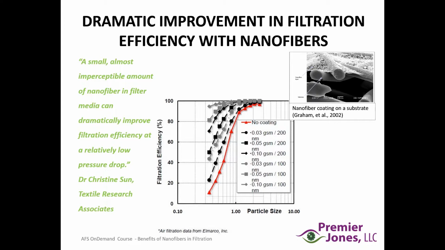Notice that by adding only 0.07 GSM more, the efficiency of the media is close to 100%. This is just one example of the amazing benefits of adding nanofibers to filter media. Before we expand on the reasons why this occurs, let's first pause to review what a nanofiber is.